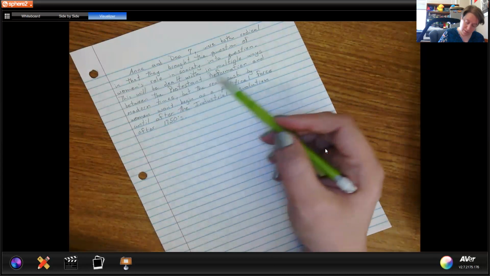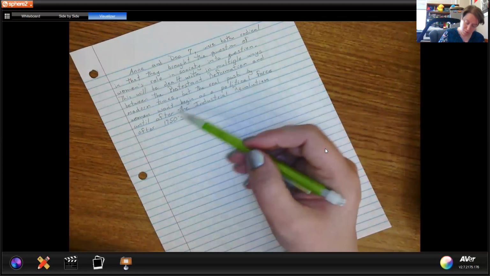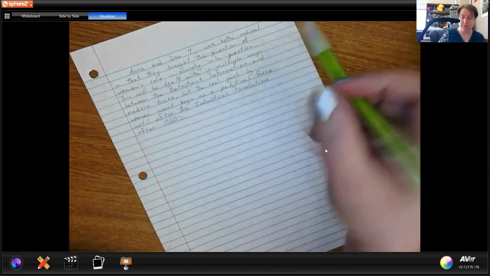This will be dealt with in multiple ways between the Protestant Reformation and modern times, but the real push by women won't begin as a political force until after the Industrial Revolution in the 1750s.